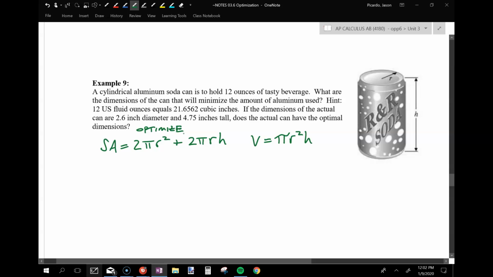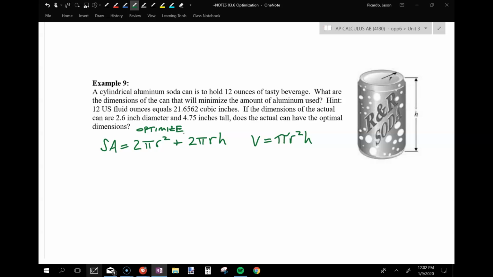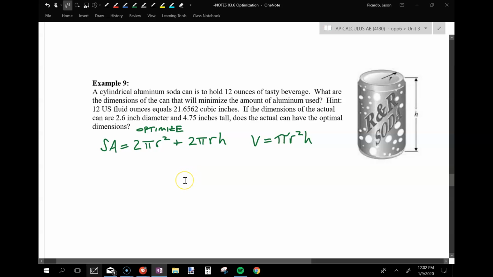All right, cool. What's our constraint? What's the thing that's going to constrain our optimization? The 12 ounces, right? The amount of liquid that I need to hold. Now 12 ounces is not in the same unit here, right?